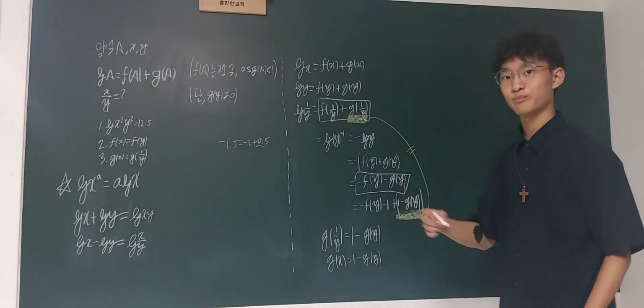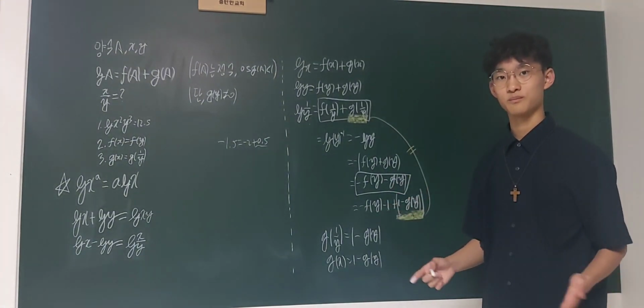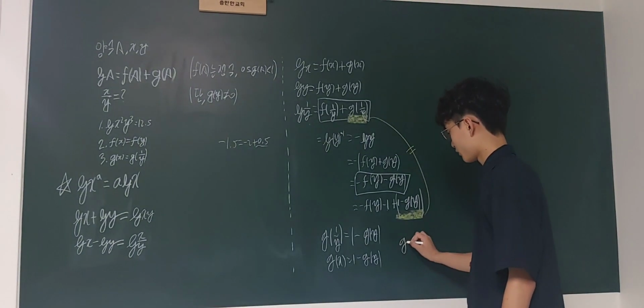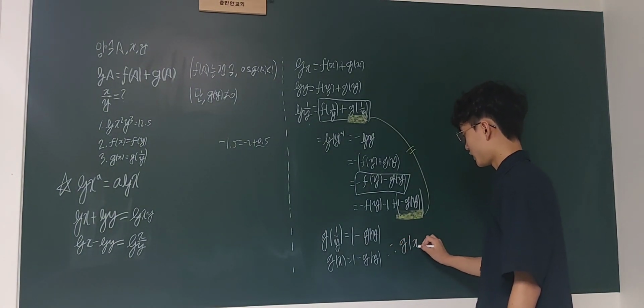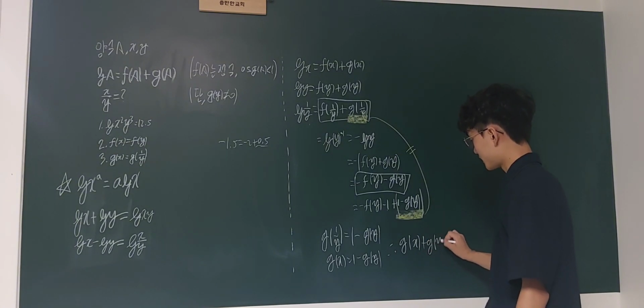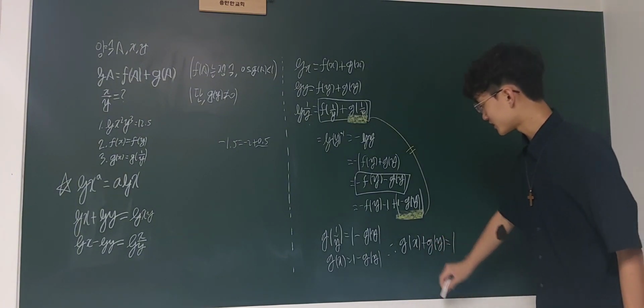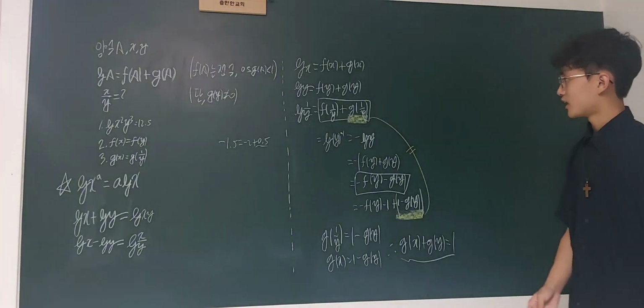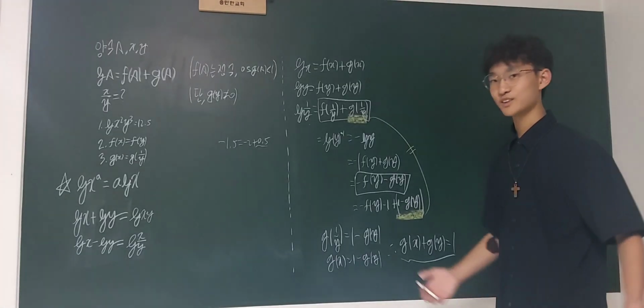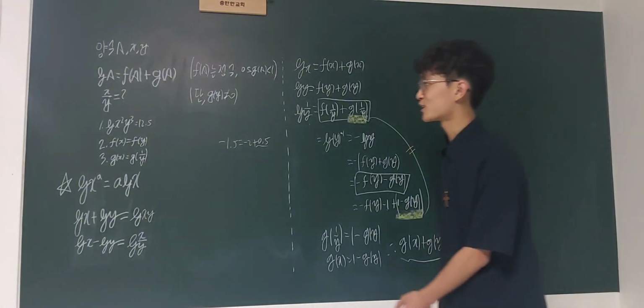Let's make this look cleaner. We know that g of x plus g of y is equal to 1. This is the one thing that we know. Now, since we have nothing else to do, let's just try to use this.